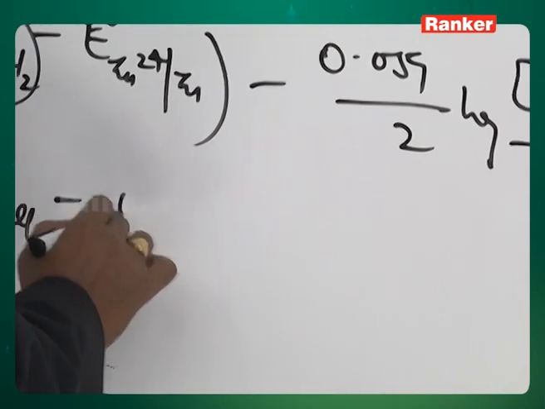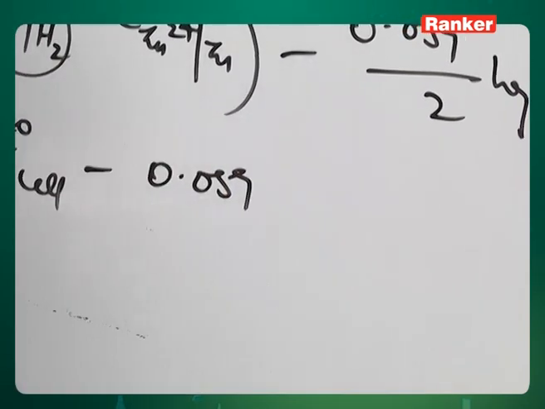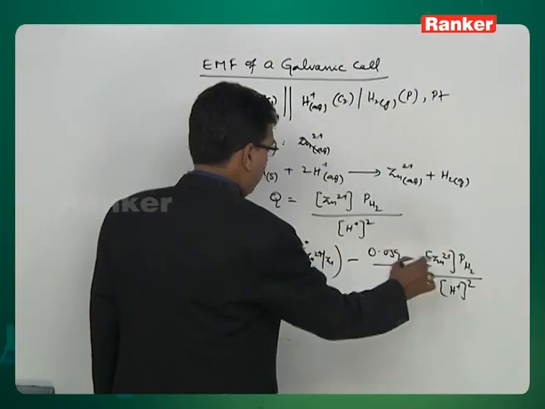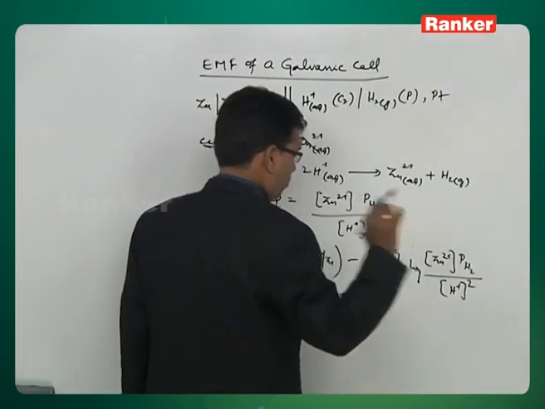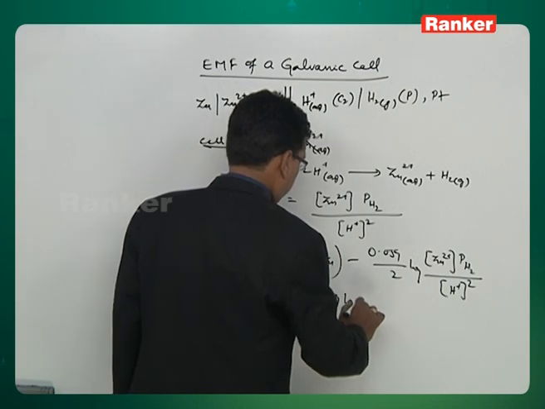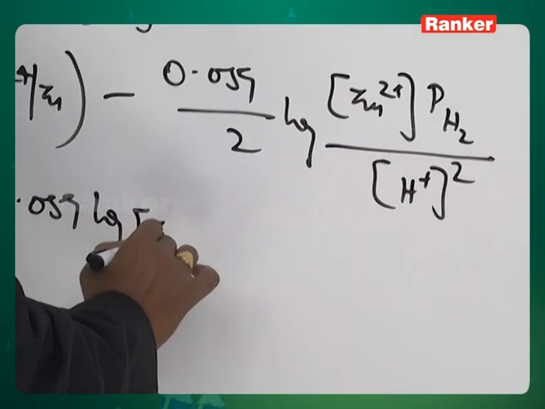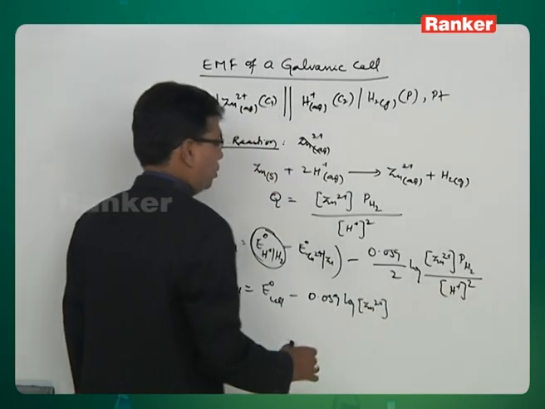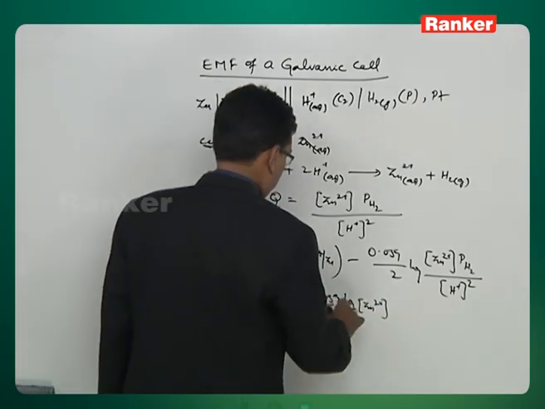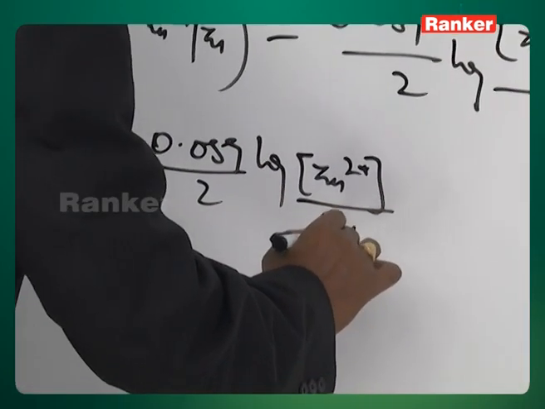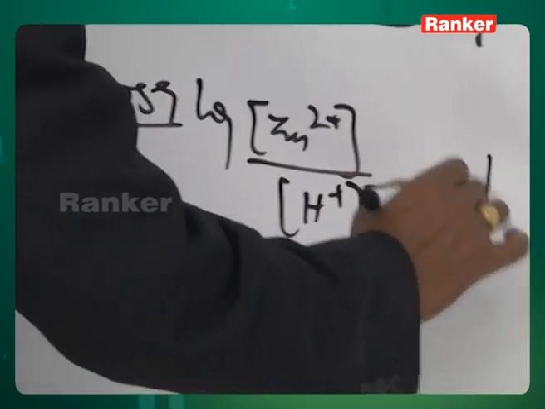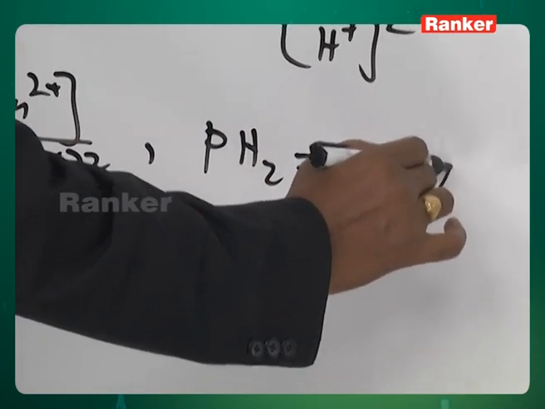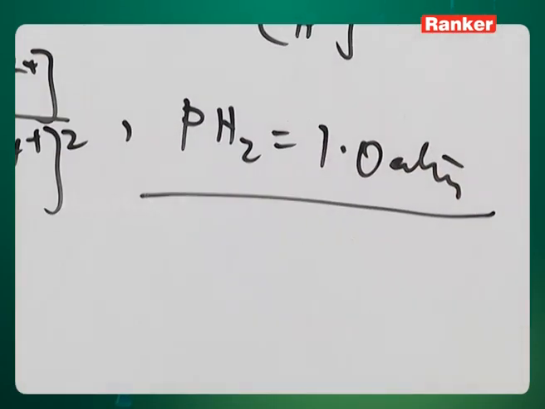So, I will write E cell is equal to E naught cell minus 0.059 by 2 log Zn2+ into pressure of hydrogen by H+ squared, considering the pressure of hydrogen is 1 atmosphere.